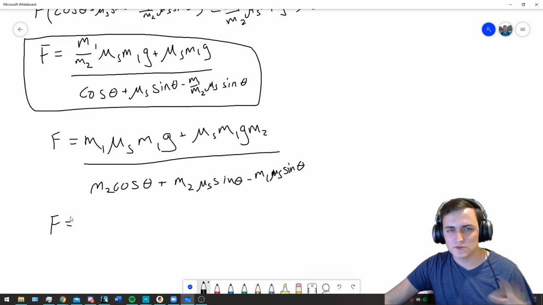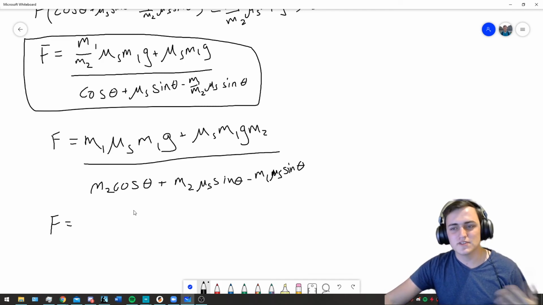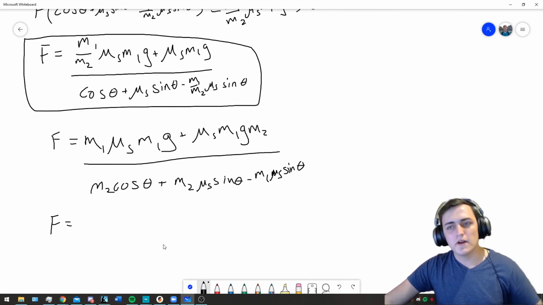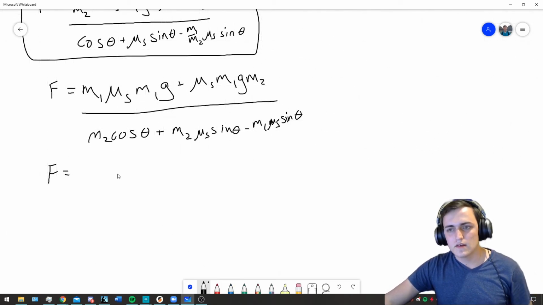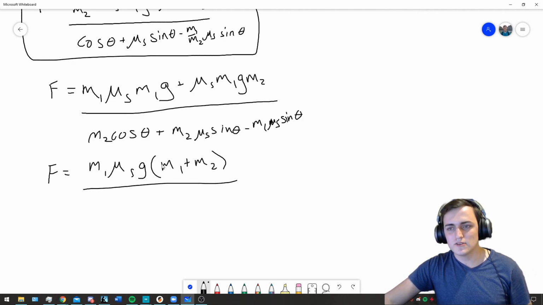Most of this is just weird algebraic simplifications that may or may not feel like they're really simpler. It's kind of tricky to see a lot of these. But you can factor out m1, mu sub s, and g from the top, and get m1 plus m2, right?